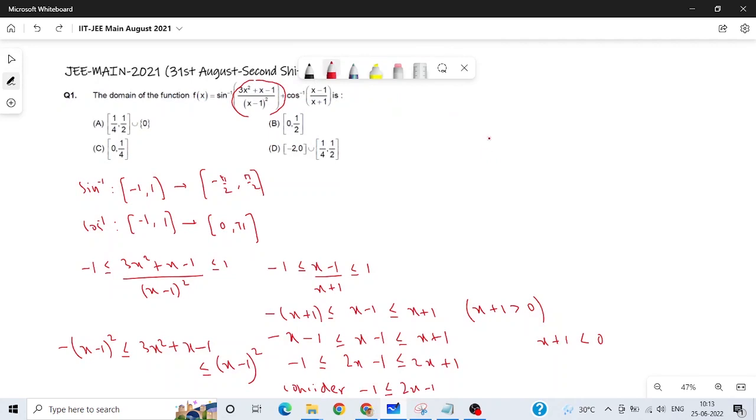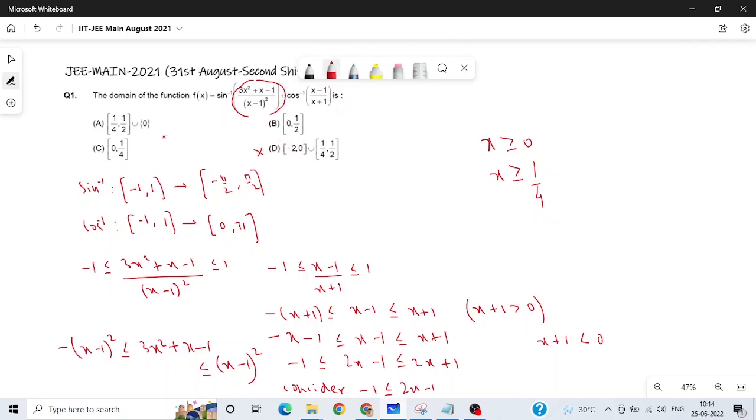Okay, so we have x is greater than or equal to 0 and x is greater than or equal to 1 by 4. Now if we consider these options, definitely D is not correct because it contains negative numbers.